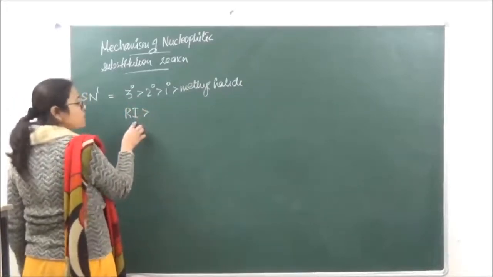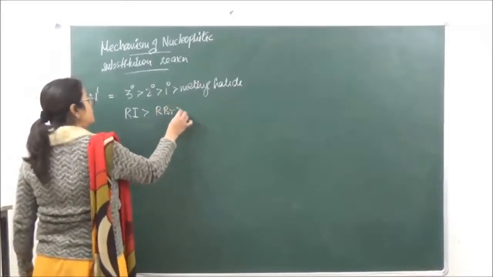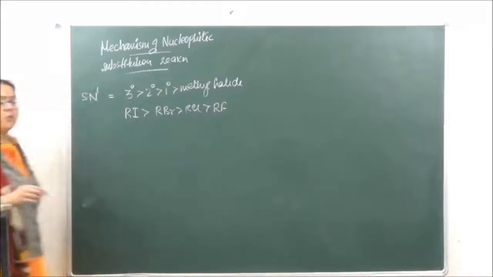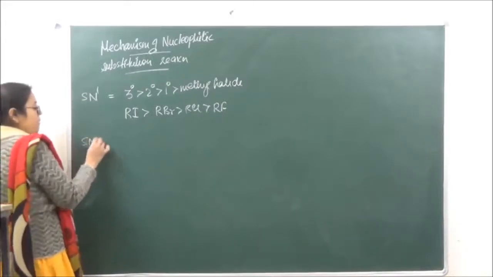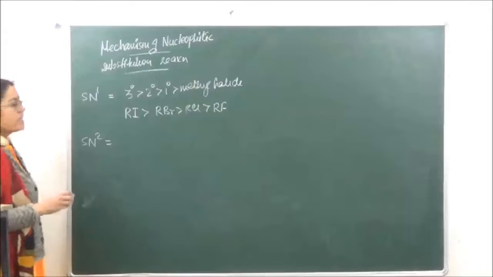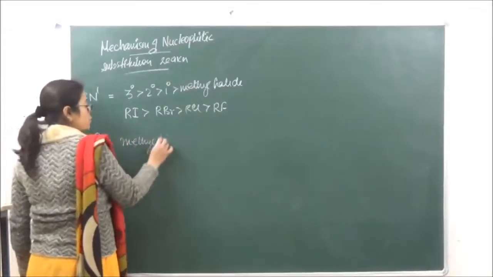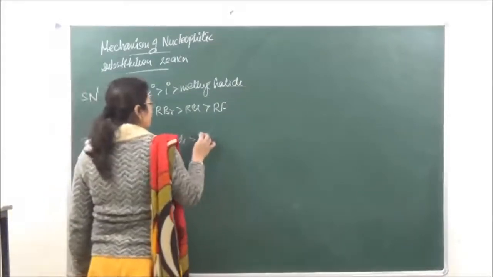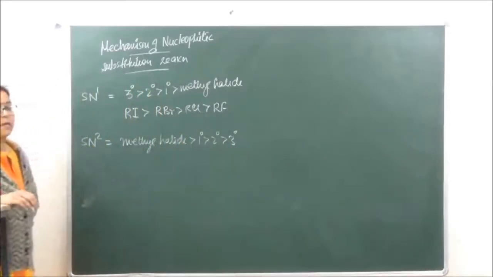Always iodine will be most susceptible because it is a good leaving group. Then RBr, then RCl, and the poorest leaving group is going to be fluorine. So that is going to be the least. Okay. When we are doing SN2 mechanism, in case of SN2 mechanism, the opposite is going to take place. So methyl halide is going to be more reactive than 1 degree, then 2 degree, and 3 degree in this case is going to be the least.